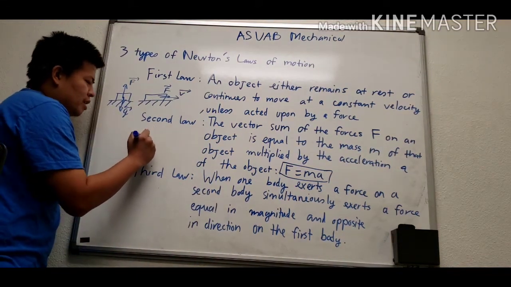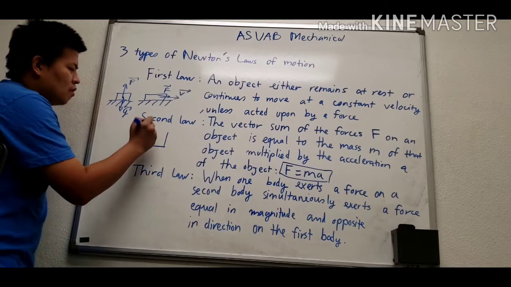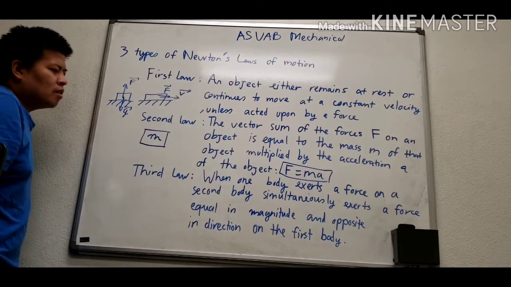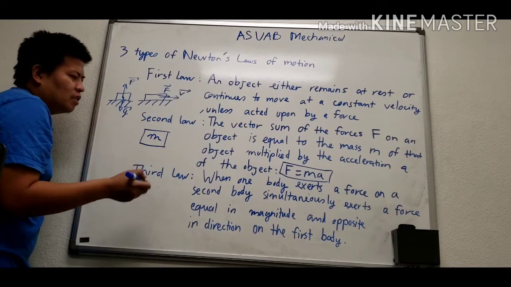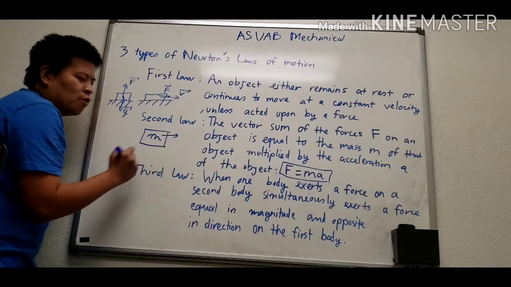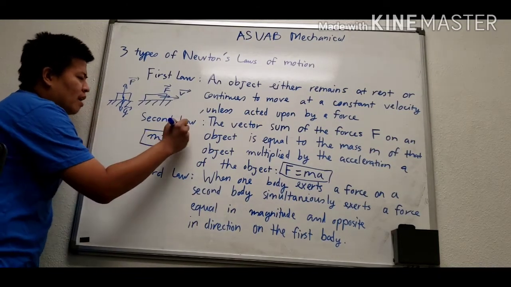I will illustrate the object. For example, we have m here, and we apply the force. If we apply the force, the object will move, and this is a.